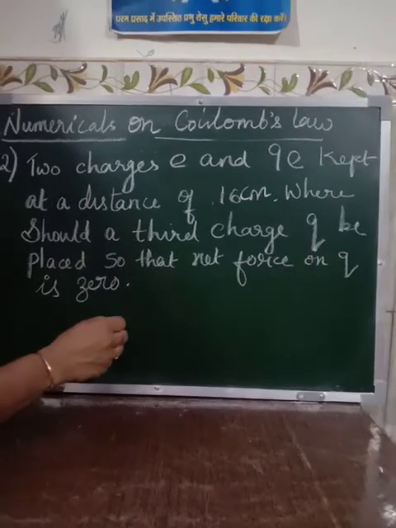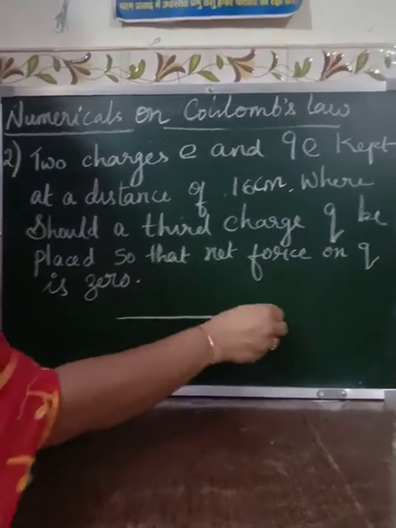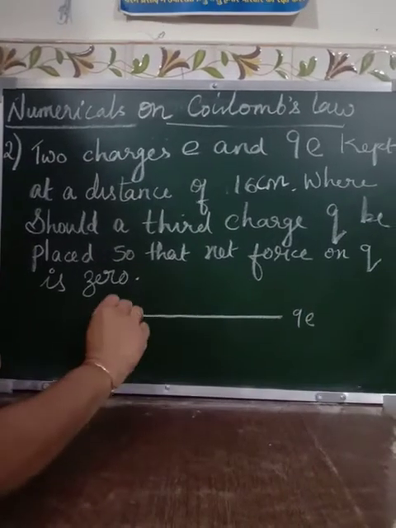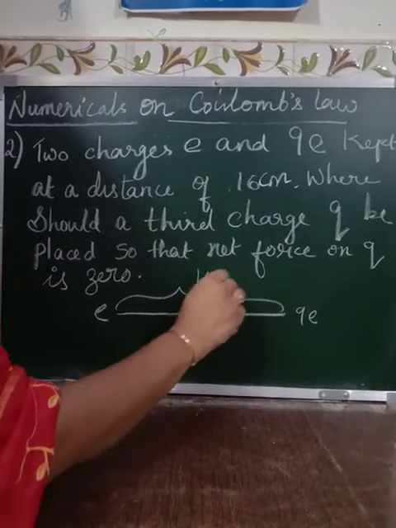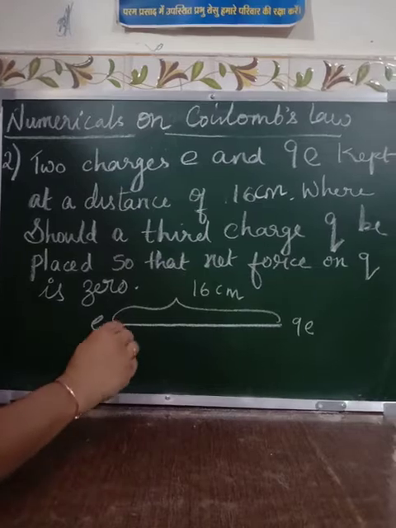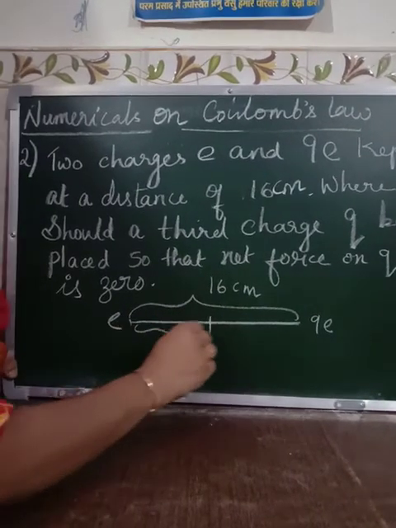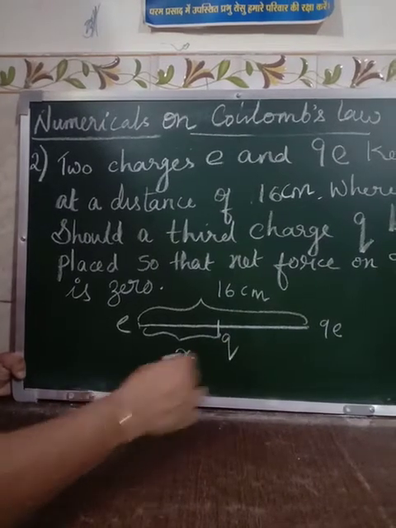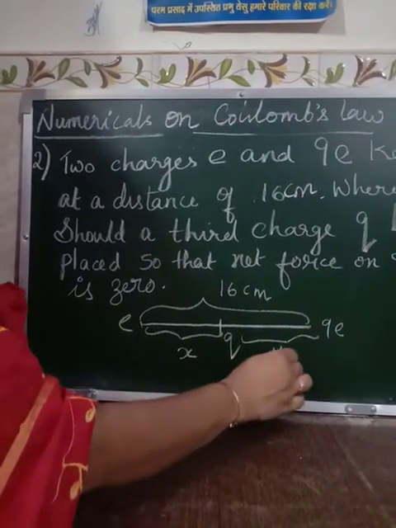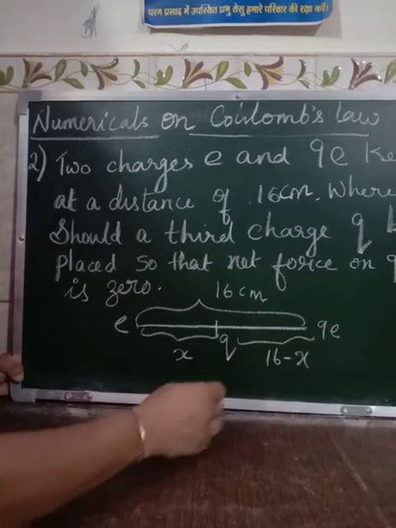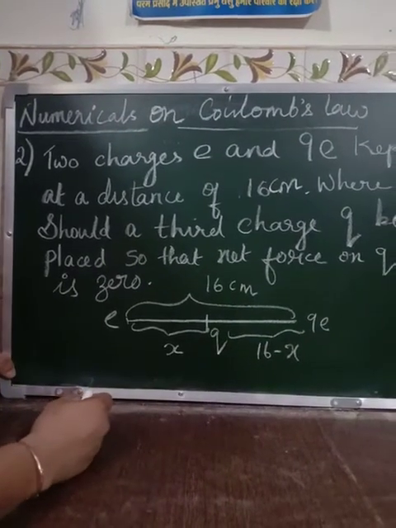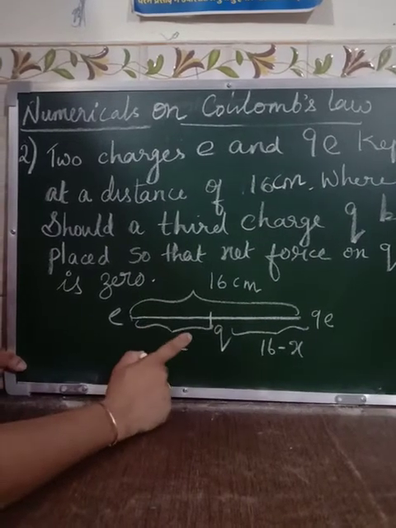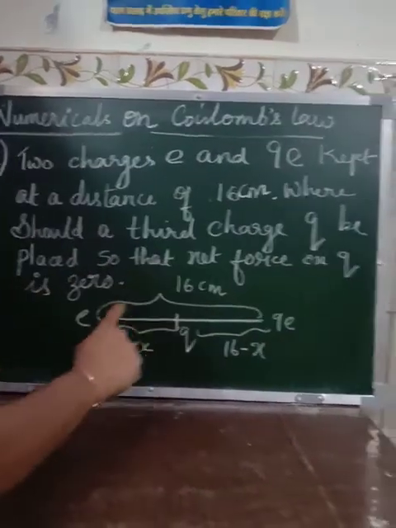Now here, this is the question. Here I am drawing charge E and this is 9E. Distance between them is 16 centimeter. Here I am placing the third charge Q at a distance of X, so the remaining distance will be 16 minus X. They are asking where the third charge should be placed.